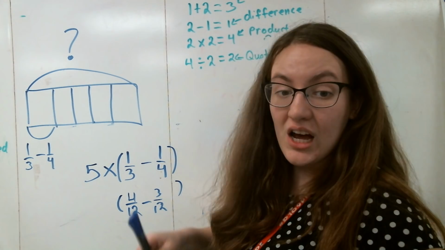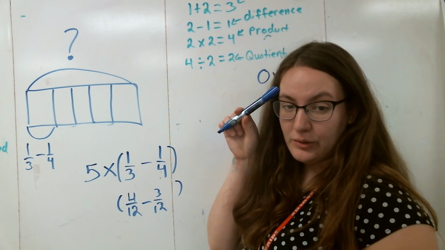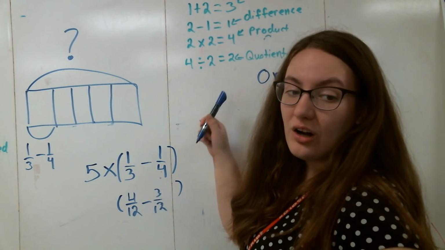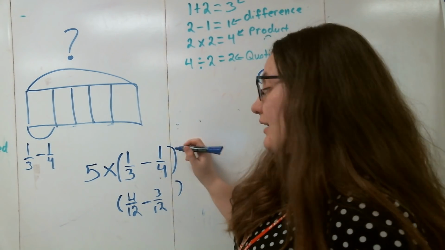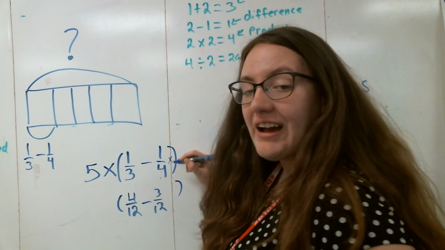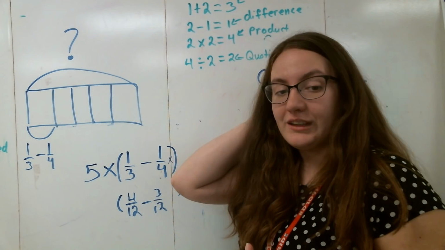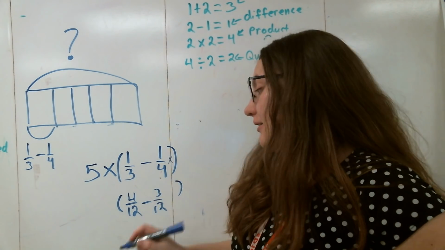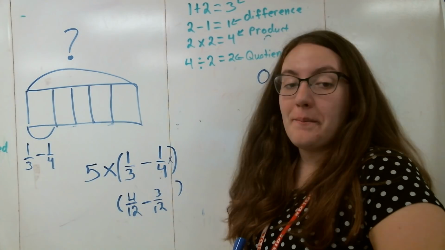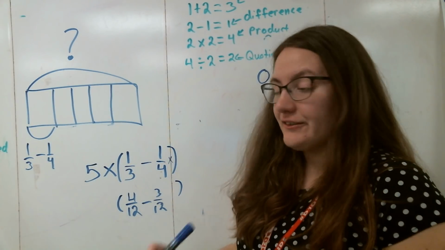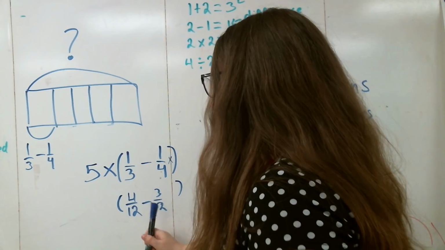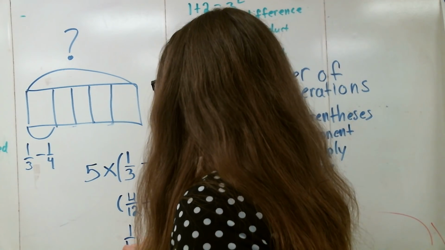If you need to, you can cross multiply if you just want to do it like that, or you could do off to the sides the full multiplying by the factors and things like that. You can go back to your module 3 notes to help you with this section, but you should know how to do this by now. And now we have 4/12 minus 3/12 left over, which 4 minus 3 would give me 1/12 then.